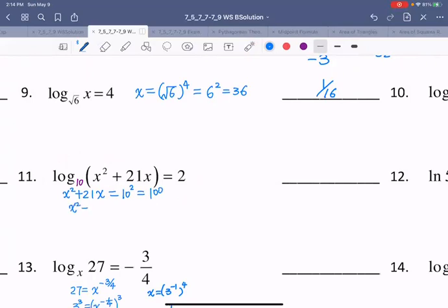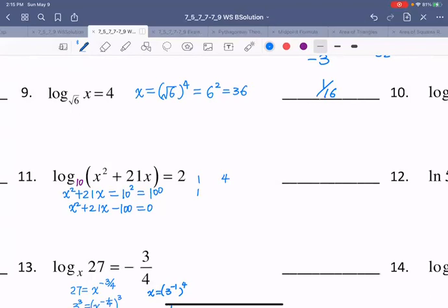Now show me how you factor this one. Go ahead. How do you solve this one? How do you factor it? 1, 1, yes. 4. $1.